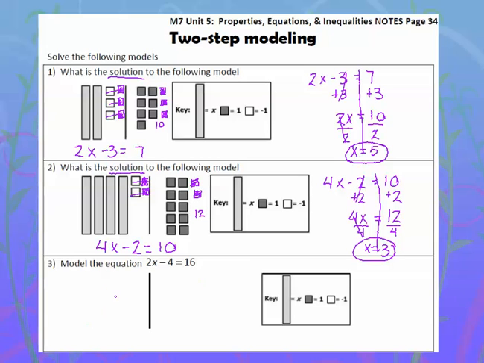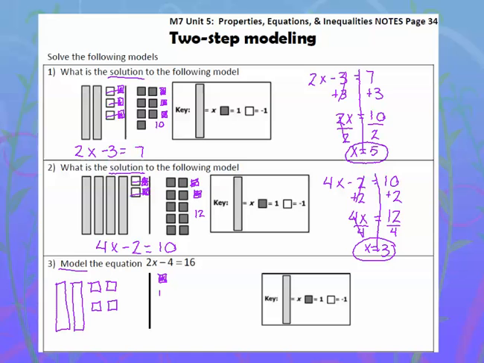Alright, and let's look into number 3 together. It just wants us to model the equation, so we just need to draw the picture. So we have 2x, so we're going to draw 2 x bars. Then I have -4, so I have 4 negatives, so there are 4 open boxes. And then I have equals +16.